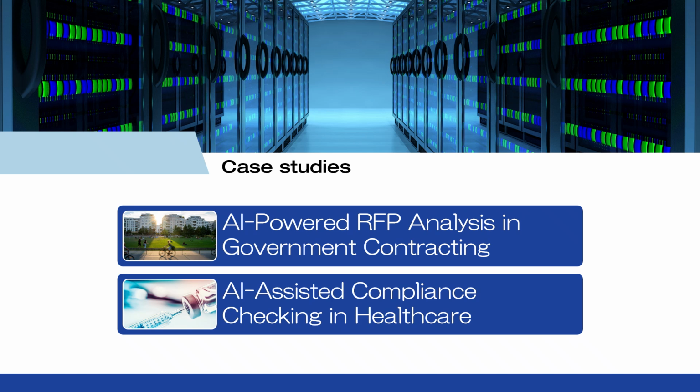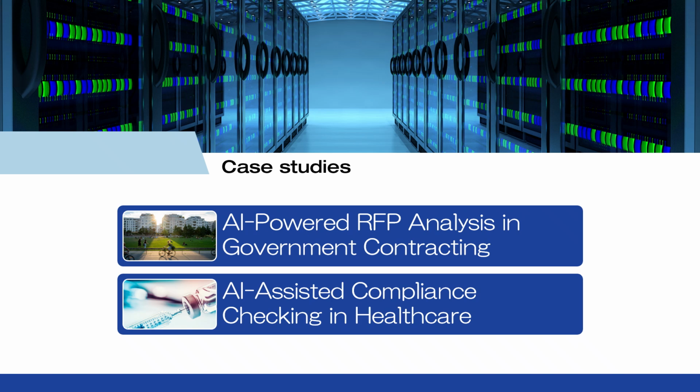In this case study, a healthcare provider used an AI tool to analyze an RFP for a new EHR system. The AI tool was used to assist with compliance checking, specifically to flag any requirements related to HIPAA compliance, protecting patient health information, data privacy, adhering to relevant state and federal laws, and interoperability standards, ensuring the EHR system can communicate with other healthcare systems.